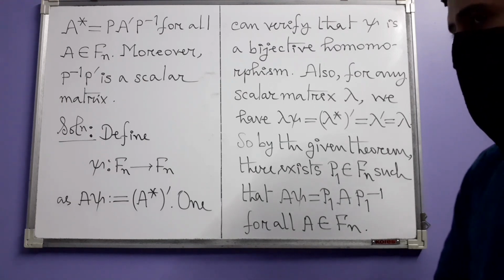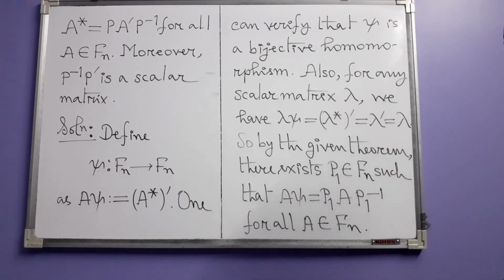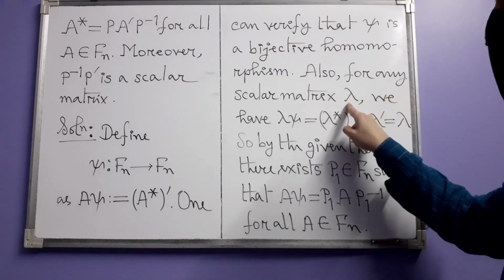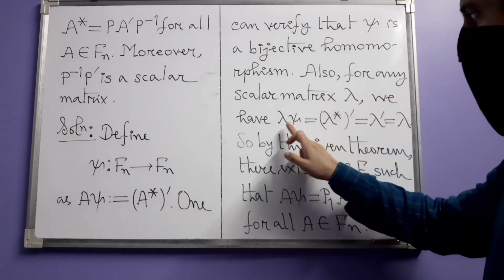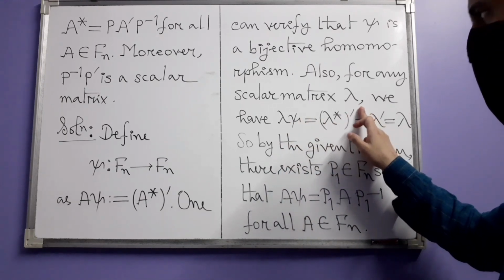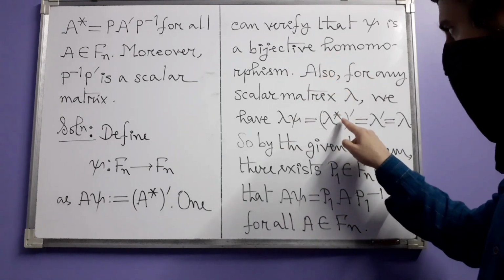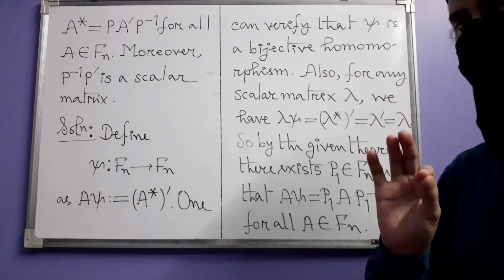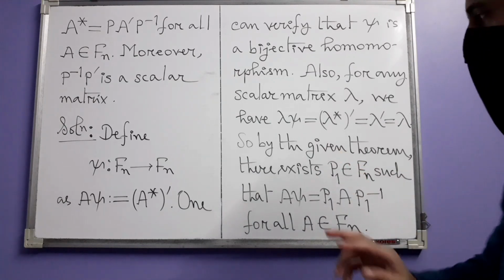And what is the effect of psi on scalar matrices? Let us next see that. Say lambda is a scalar matrix in Fn, of course, that's understood, and we apply psi on lambda. So that means we get lambda star transpose. Already it was given in the problem itself that lambda star is equal to lambda because our star fixes every scalar matrix.